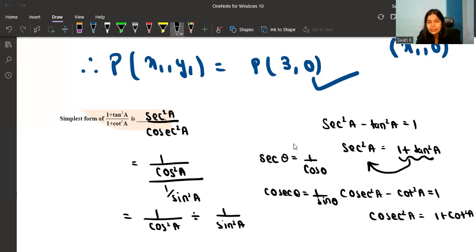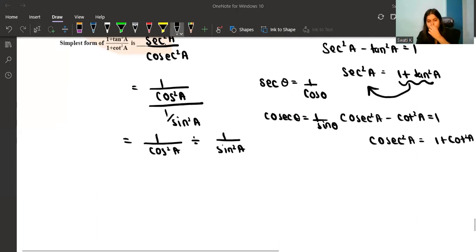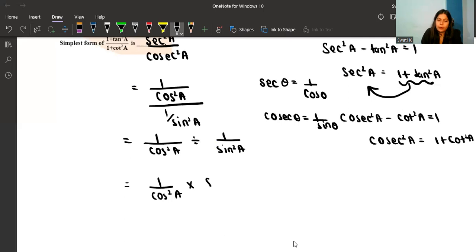Of course, you will change the division sign to the multiplication sign, and the next fraction will be reversed, like we will reciprocate it. So this is 1 upon cos square A into sine square A upon 1. This is called the reciprocal.